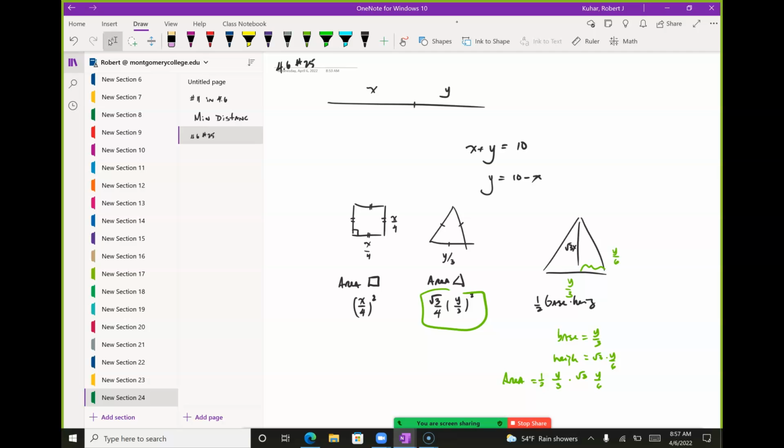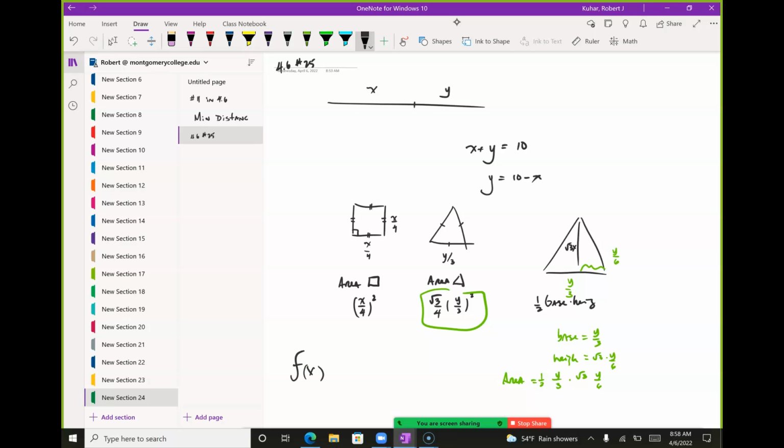So remember what we were doing, right? We knew that x plus y added up to 10, and then we're trying to maximize the areas of these two shapes. By the way, y is 10 minus x, right?